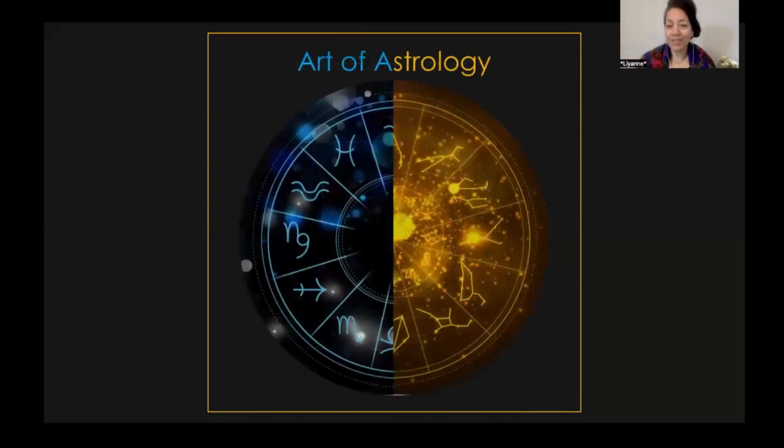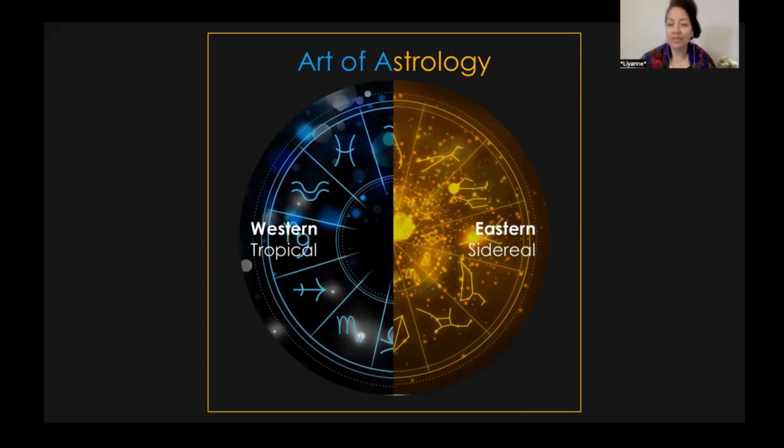So now I'm going to touch a little bit on astrology. There is Eastern astrology that is based on the visible sky and star constellations. Then there is Western tropical astrology, which is based on the seasons. It's based on the light, the quality of light, the amount of light during the year.